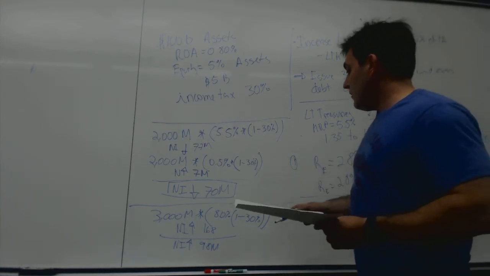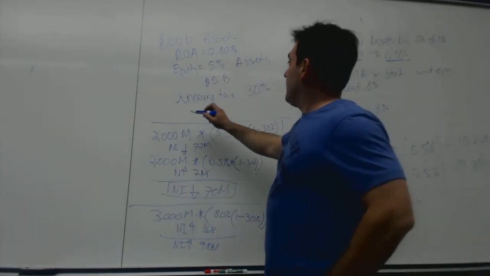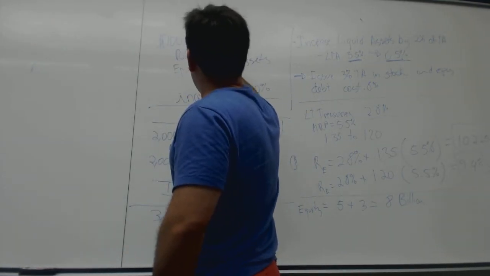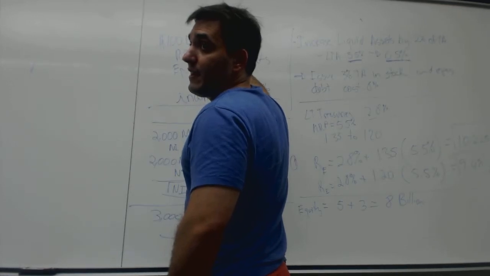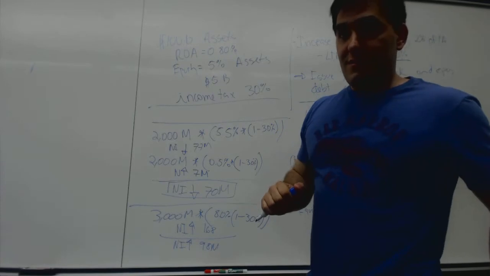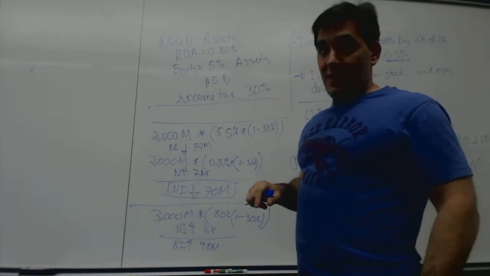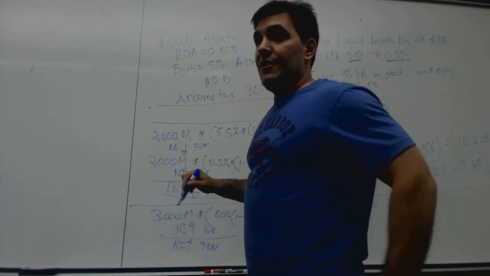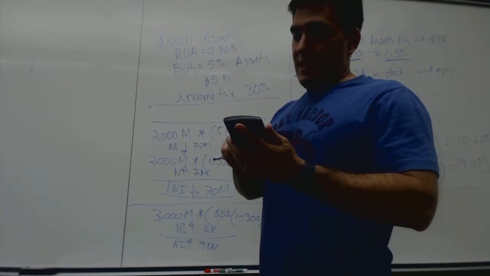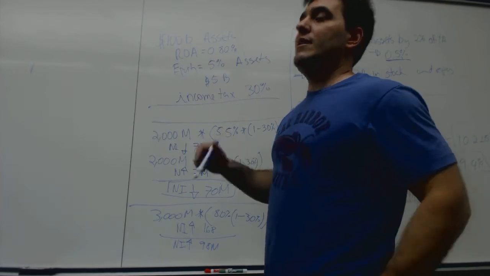Okay, so what is our net income now? Our net income before was 0.8% times 100 billion, which is 0.8 billion or 800 million.